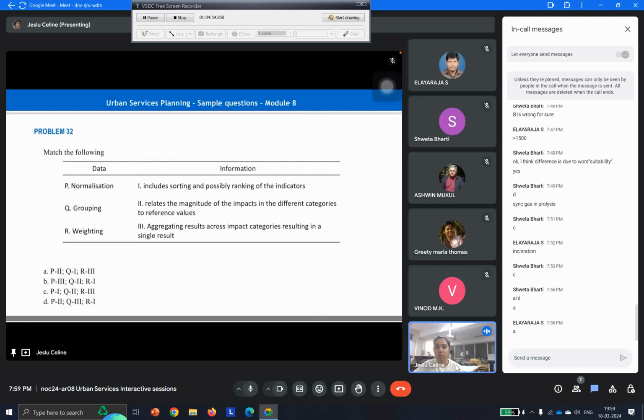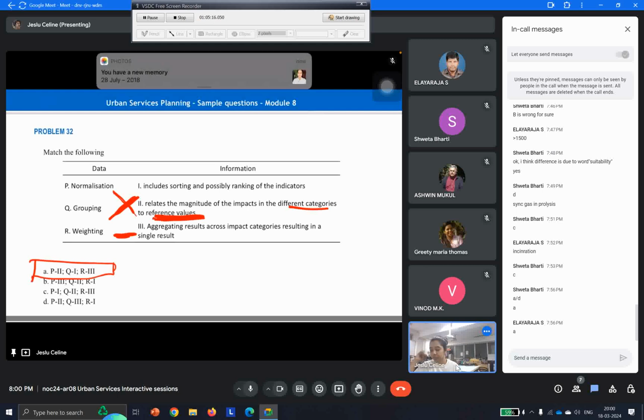Normalization relates the magnitude of different impacts in different categories to reference values. So we are converting everything to these reference values. Then grouping involves sorting, possibly ranking of indicators. And then we have weighing, which is aggregating results across impact categories, resulting in a single result. So that works out to option A.